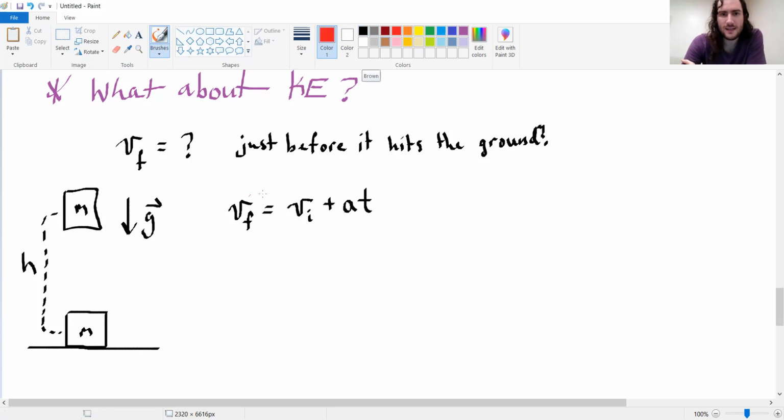Well, if we lifted this mass up and then we just drop it, it's at rest, so this is 0. And the acceleration here is minus g, because this object, when we drop it, is going to be accelerating under the influence of gravity.